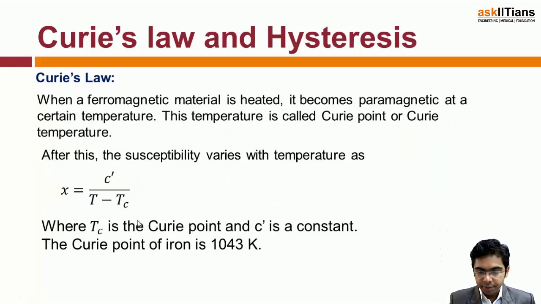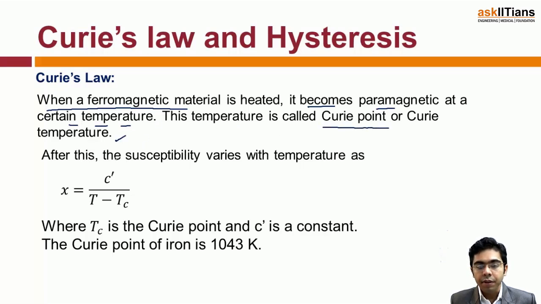Now let's proceed. When a ferromagnetic material is heated, it becomes paramagnetic at a certain temperature, and this temperature is called the Curie point or the Curie temperature.